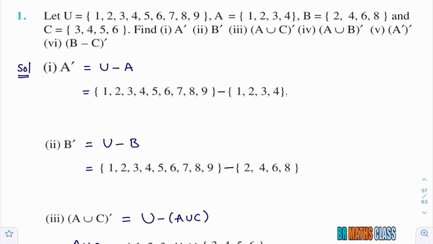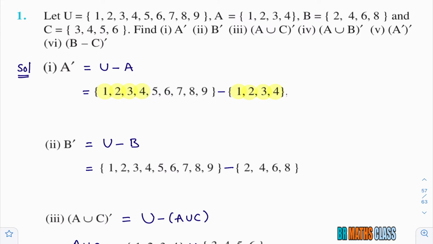So first what I'll do, I'll write the universal set. See, this is the universal set, right? Minus, I'll write set A. How to write U minus A? Very simple. In difference of sets, we learned in the same way. U minus A means first you identify the common elements in both. 1 is common in both, 2 is common in both, 3 is common in both, 4 is also common in both.